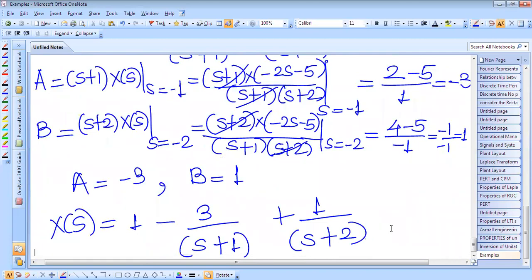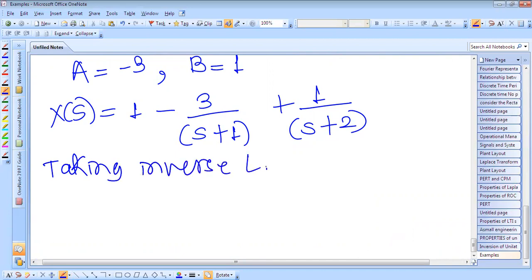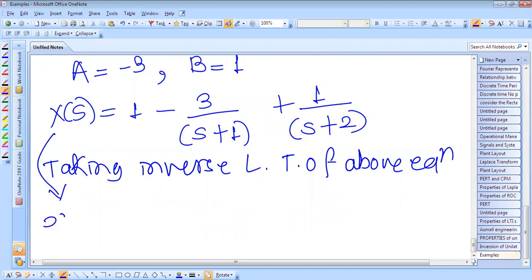Now we have to find the inverse Laplace transform. So taking the inverse Laplace transform of the above equation, we will get x(t). What is the inverse Laplace transform of 1?